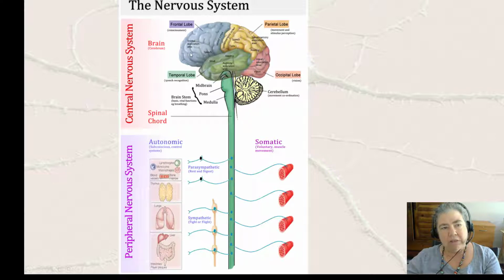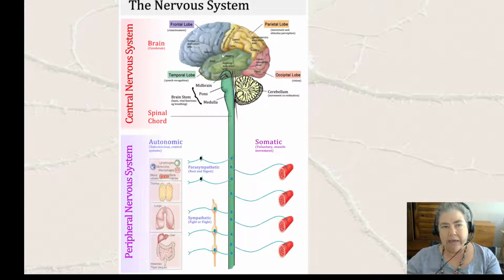And it has lobes, and some of the lobes divisions are very well circumscribed and easy to see. So the division between the frontal lobe and the parietal lobe is at this groove between the motor cortex and the sensory cortex, and it's called the central sulcus.